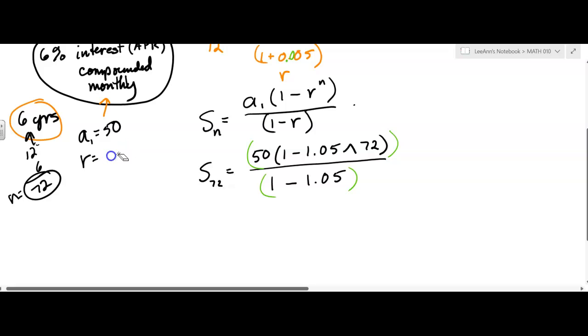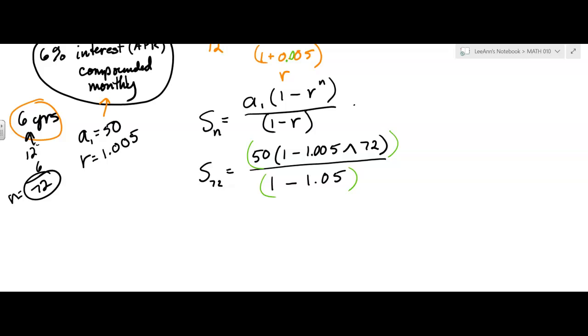But the ratio then is not going to be that. The ratio is going to be 1.005. Okay, so let me see if I can squeeze in a 0 here. Okay, let's try this again. Okay, so parenthesis 50, parenthesis 1 minus 1.005 to the exponent of 72, parenthesis, parenthesis. Yeah, I got enough zeros in this time.